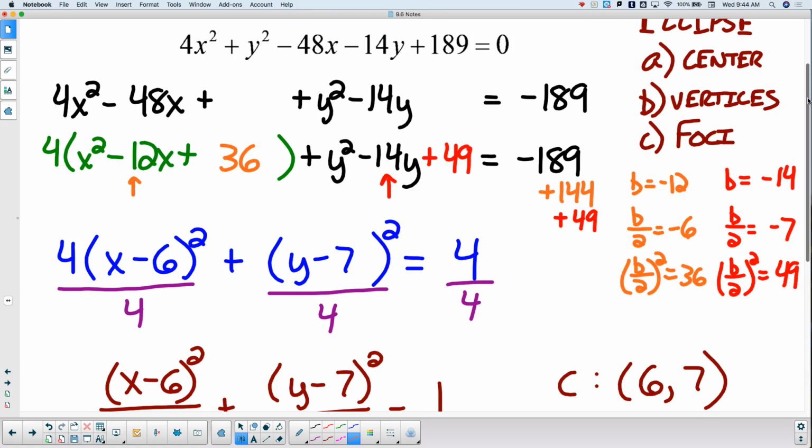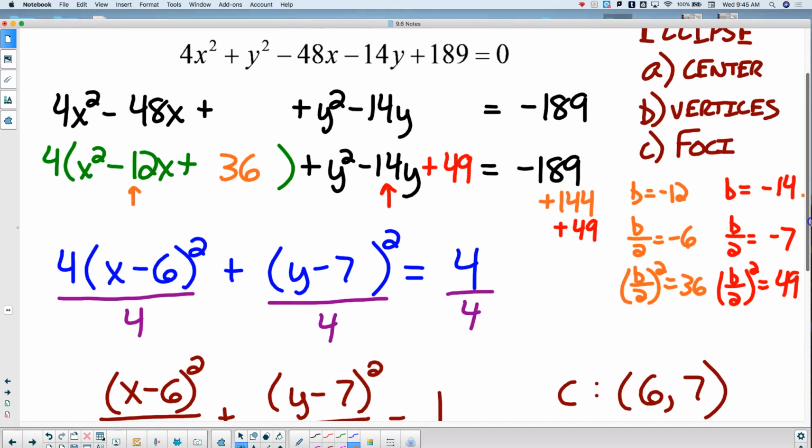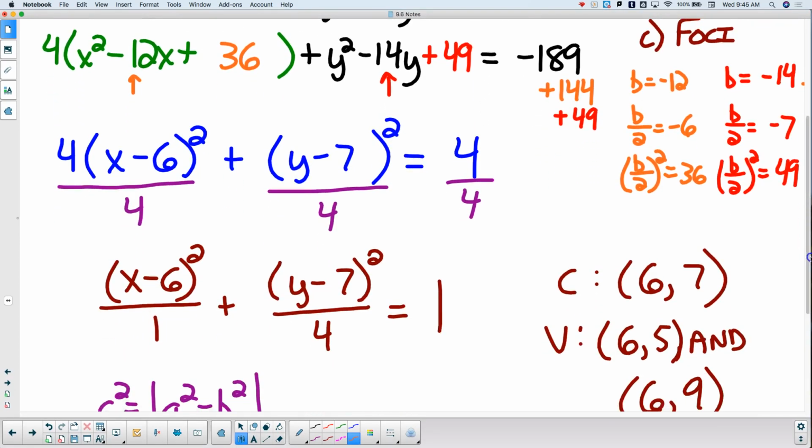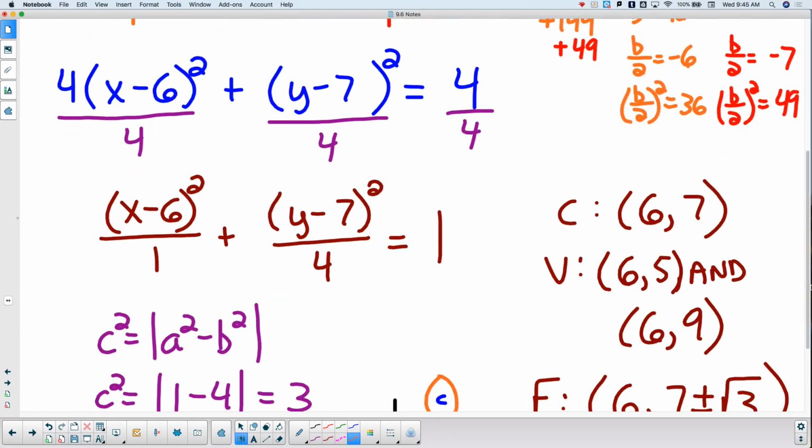And it allows us to find all that stuff because we put it in a form that we're familiar with: x minus 6 quantity squared over 1 plus y minus 7 quantity squared over 4 equals 1. Which allows us to say our center is there, our vertices are there, our foci are there, and the picture looks like that if we needed to give the picture. Okay? Love this stuff. This is fun math.